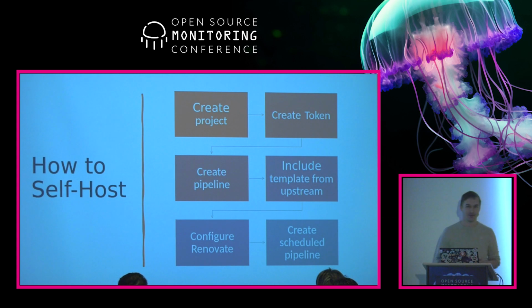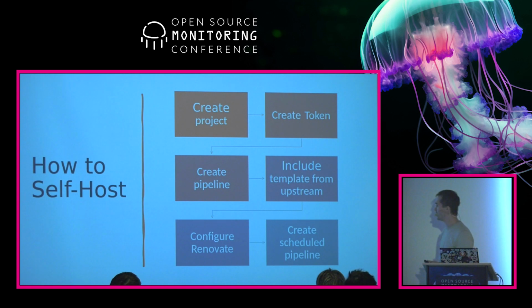You need to create a new project in a GitLab instance, create again some tokens like we already did multiple times. Then we create a new GitLab CI pipeline where we include the upstream templates that the Renovate developers provide for us, so we don't even need to manually configure any pipelines. The people from Renovate just did that for us. We just use this template, and it's great. When I need to configure Renovate, I don't make any errors.